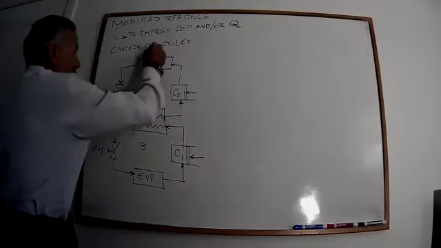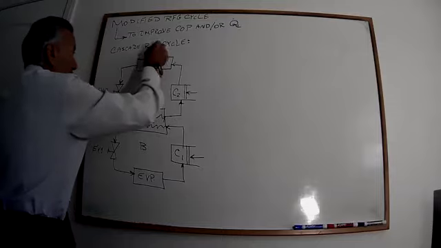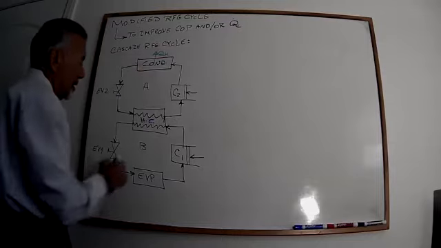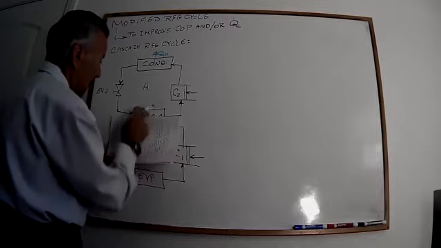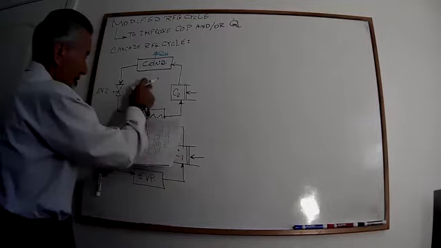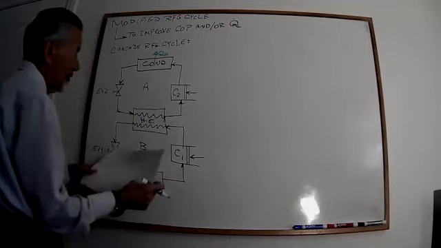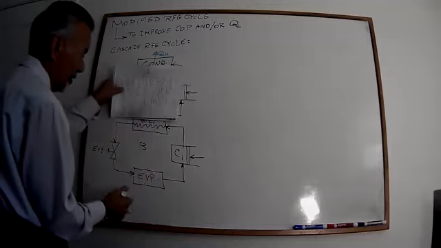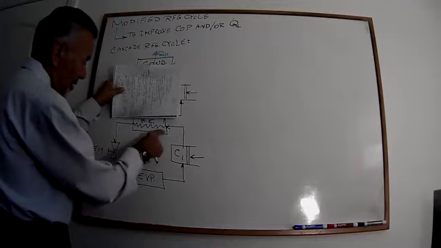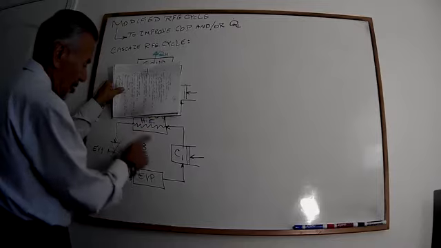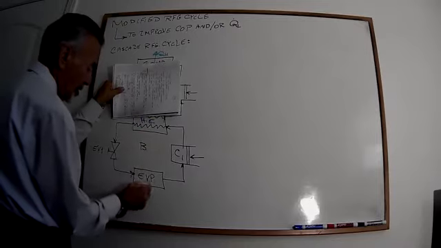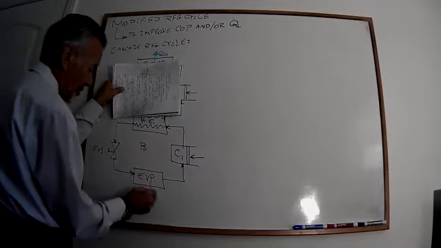Now if this is a QH, this top part of the heat exchanger becomes the QL of that cycle. If you look at this one, this bottom part of the heat exchanger is the QH of this cycle. This is our QL.